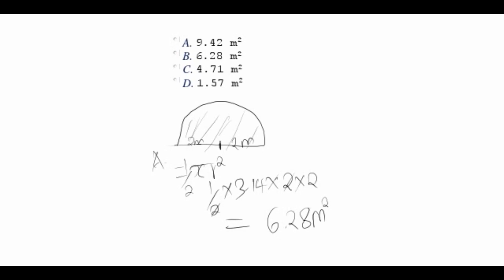But now, since we want the area of the shaded part, we are going to calculate the area of the unshaded part, the inscribed circle over here. This place is shaded and this is not shaded.